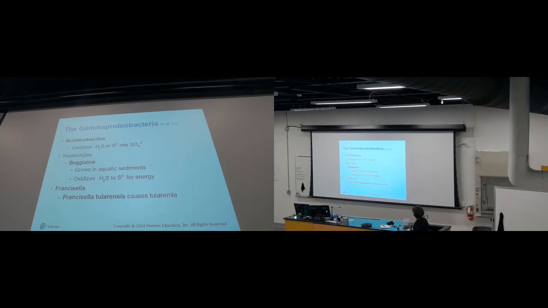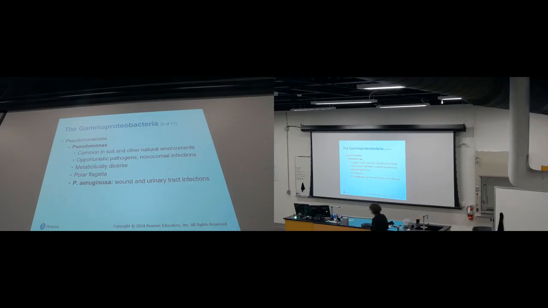And then we have Beggiatoa, which grows in aquatic sediments and oxidizes hydrogen sulfide into elemental sulfur for energy. So these two are important then to recycle sulfur. And then we have Francisella. Francisella tularensis can infect rabbits, and then rabbits can bite a human, causing tularemia. So it's a zoonotic disease.